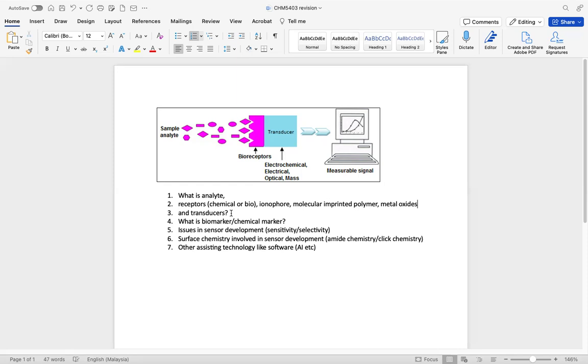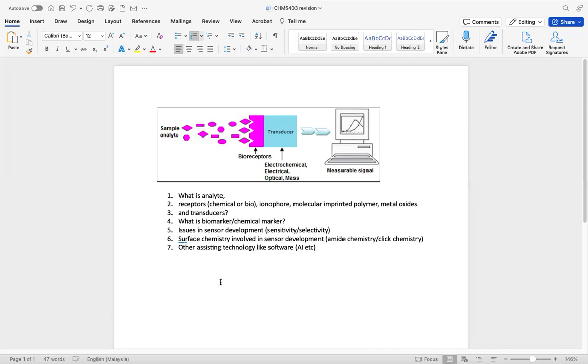So this is part of it: when you work with transducers, when you need to attach the receptors on top of the transducers, we need to use a sound chemistry. Yeah, you cannot just put them on top and expect them to work.